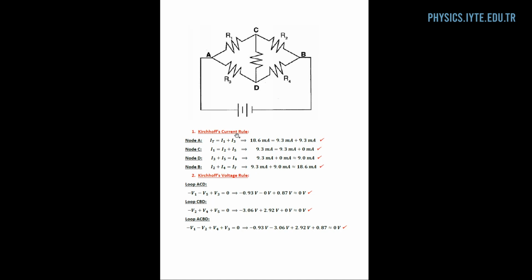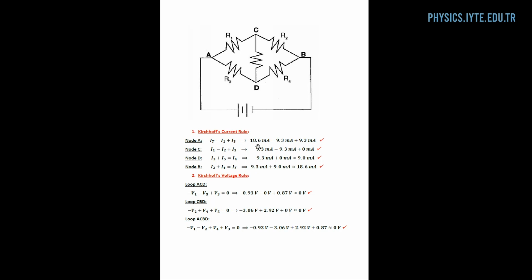When we apply Kirchhoff's current rule at the node A, the total current, which is IT, entering the junction A should be equal to the sum of I1 and I3 that's going out of that junction.